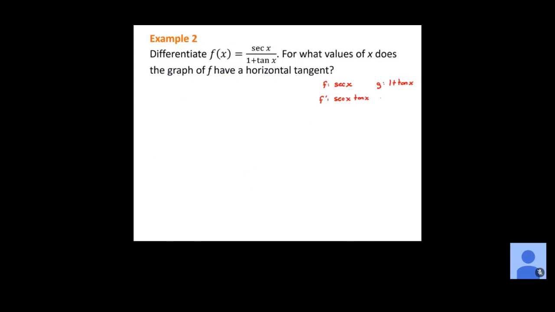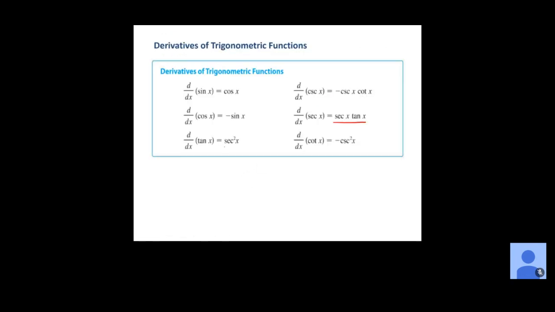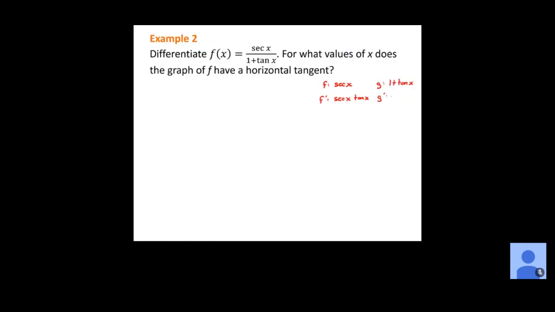And then our g prime, because it's 1 plus tangent x, we know the derivative of 1 is 0, so we're just looking for the derivative of tangent this time. So again, I'm going to come over here. Derivative of tangent is just secant squared x. So that gives me my derivative here now. Again, those are just formulas you're going to have to memorize.